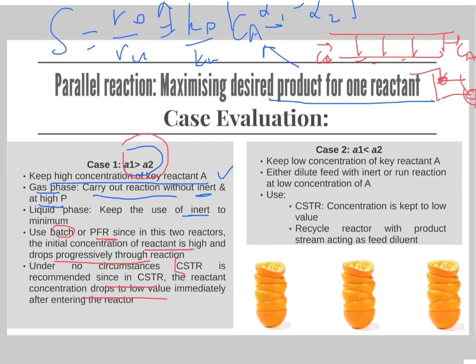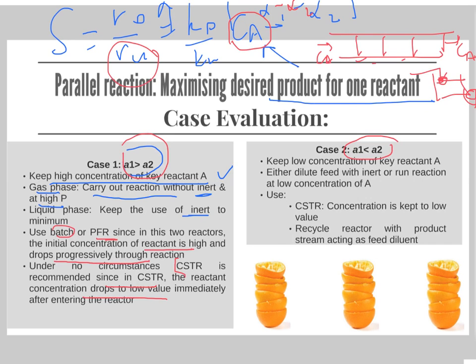For the second case, if alpha 1 is less than alpha 2, the term here becomes negative. Thus, if you operate at high concentration, you will promote more of the rate of reaction of the undesired product.